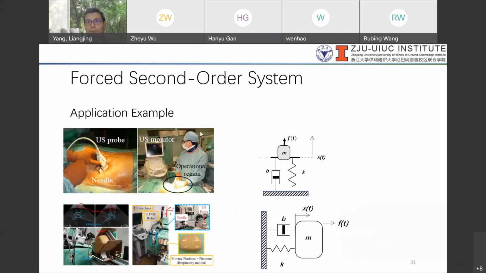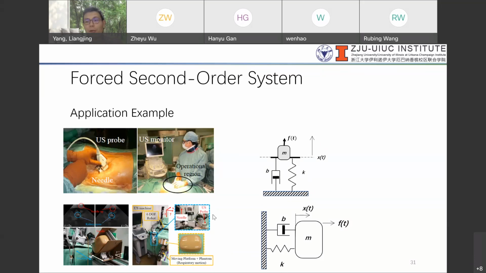So these are of course important control applications. For human beings, when you contact something that has some properties of stiffness and damping coefficient, we naturally know how to adjust to it.